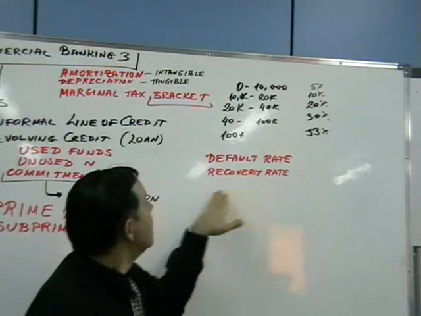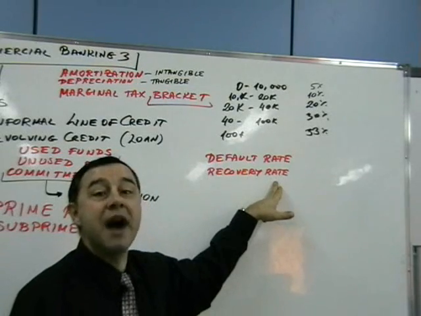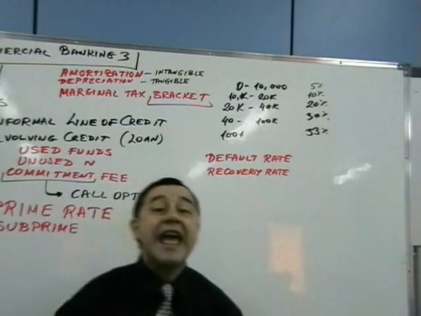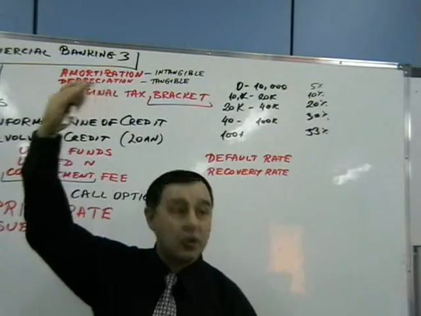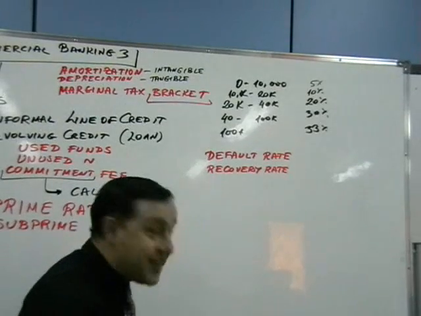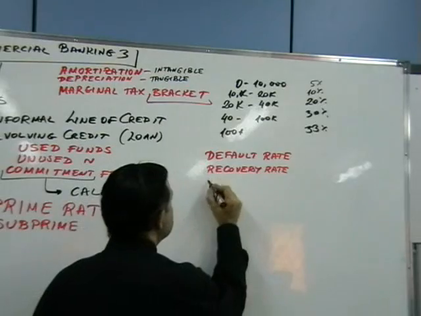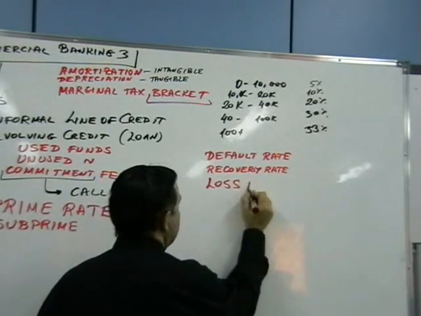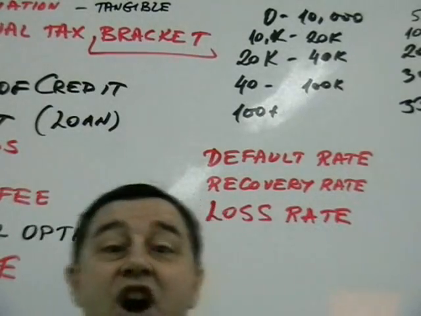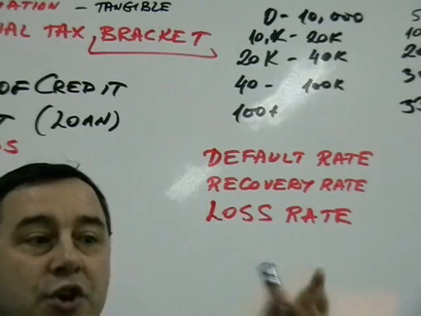Now, the recovery rate represents the amount of money that the bank is able to recover as a percentage of the outstanding balance of a bad loan. And then we have finally the so-called loss rate. This is the amount of money that the bank loses on average on a loan.